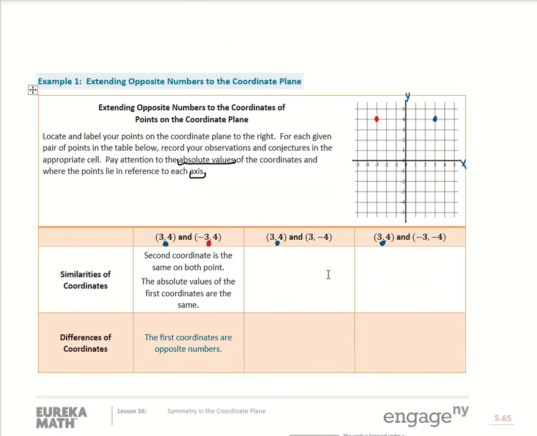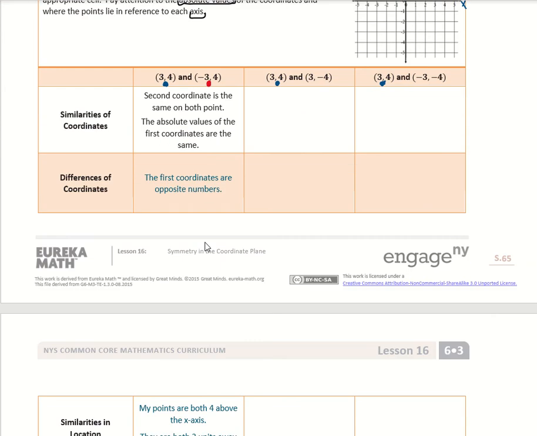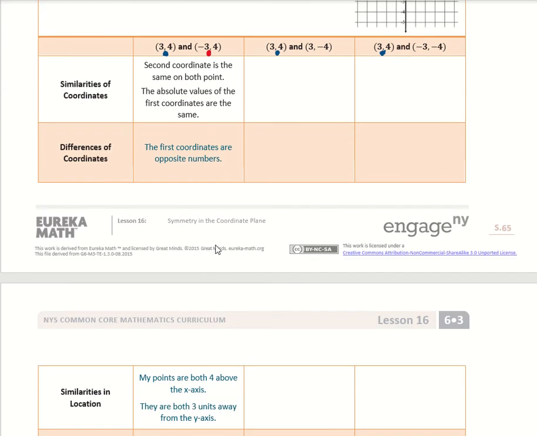Another way to look at this is to imagine there's a mirror along my y-axis. Somebody standing at this blue point would see somebody who looks like they're standing right there. What we've done is reflect over our y-axis.